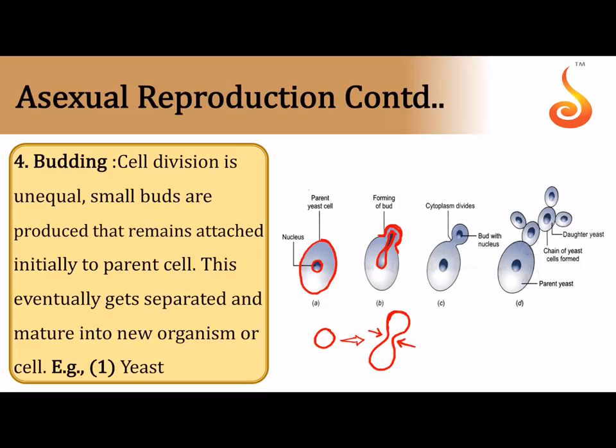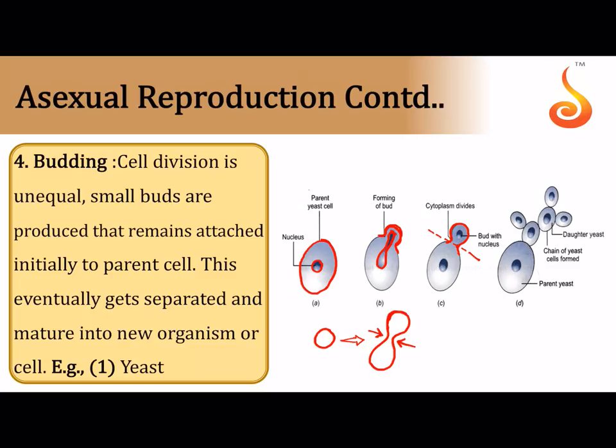This was the parent nucleus, and now that nucleus is dividing into two, and can you see one of them is entering into this projection, is passed on into this projection or this protrusion, and gradually this cytoplasm also gets distributed, and this projection gets separated from the parent cell and it starts leading an independent life and it matures into a new organism.